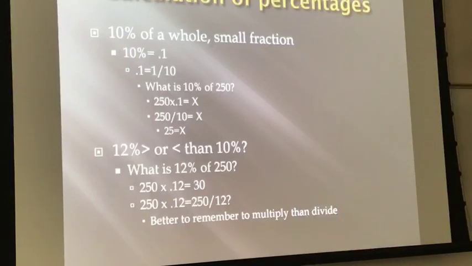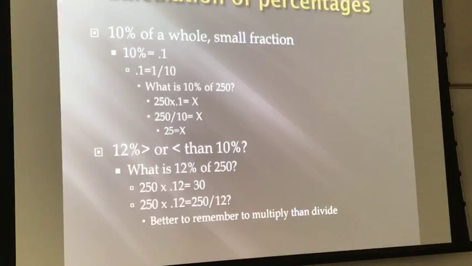1 times something is always that something, right? Yeah. So if you move the decimal point 1 place to the left, and you've got 0.1, what's your rule of thumb for multiplying by decimals? Your result, or your total, has to be what?